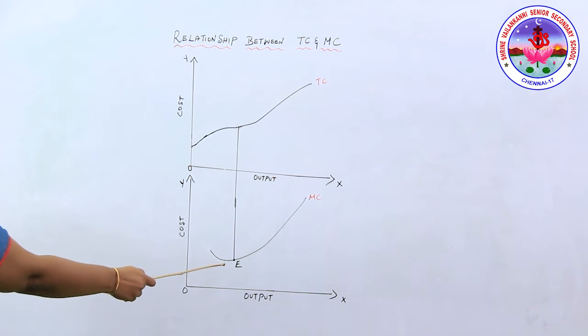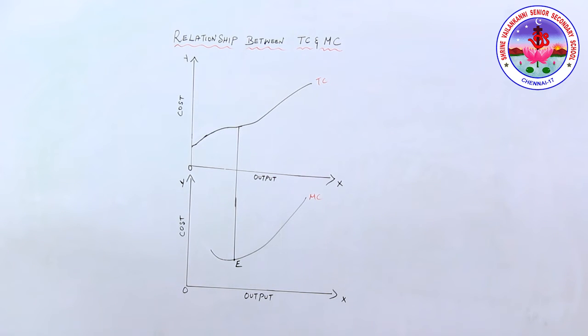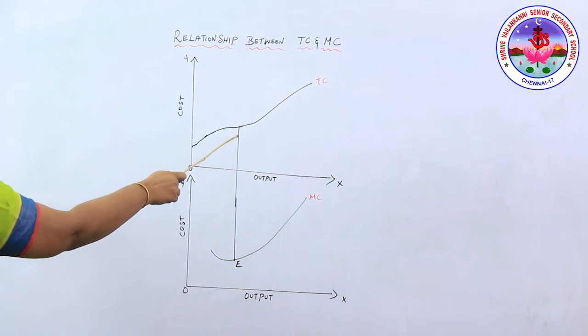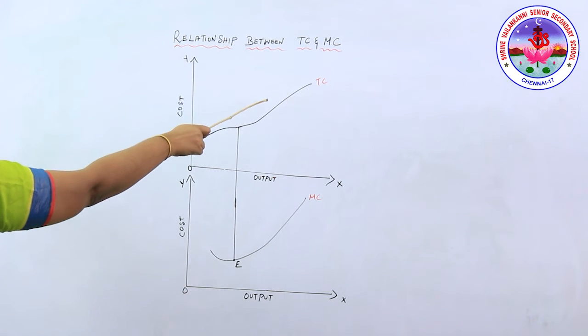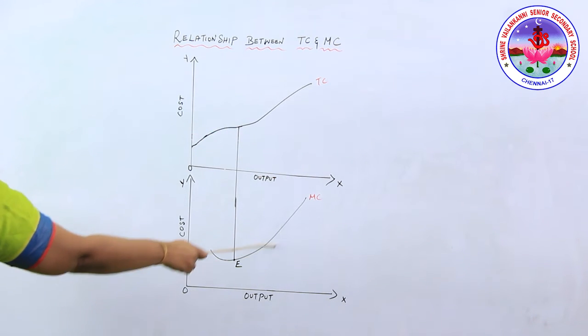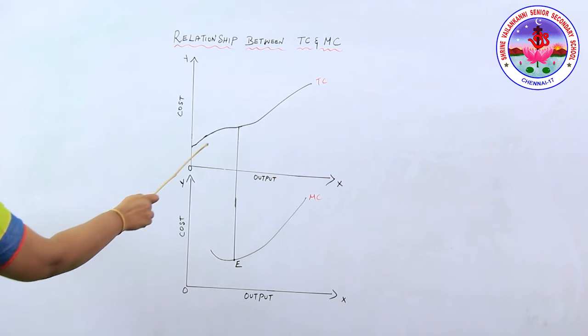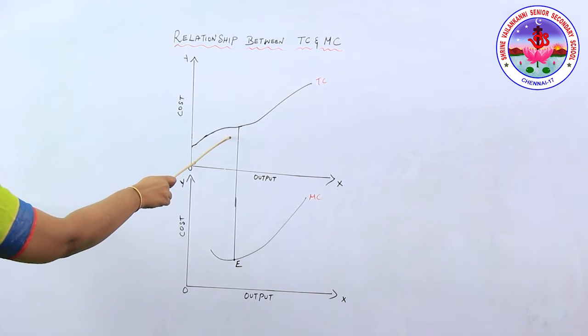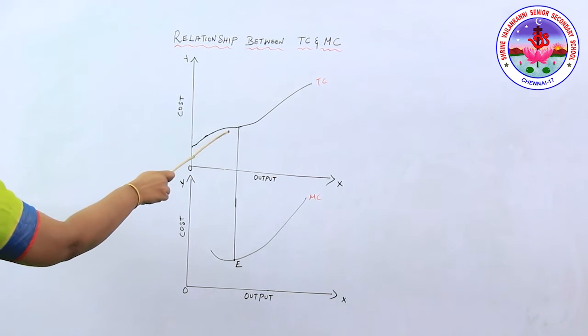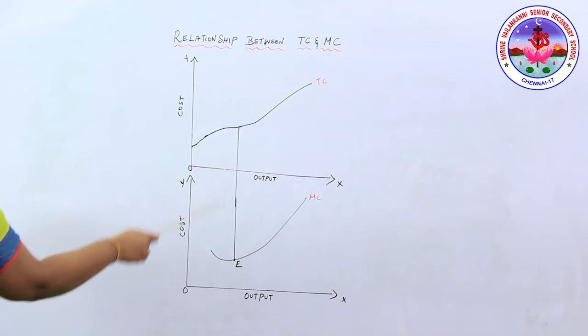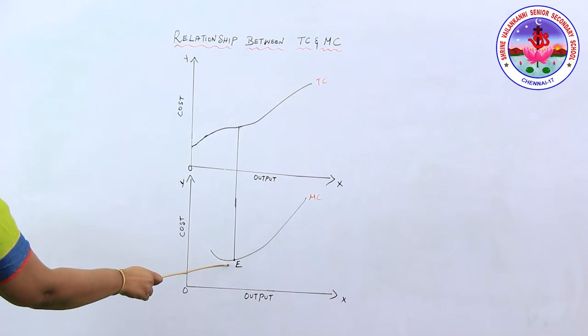We denote that E is an equilibrium. When the rate of increase in total cost starts rising, the marginal cost also increases. So that is the relationship between total cost and marginal cost. I will repeat again. When TC rises at a diminishing rate, MC declines.